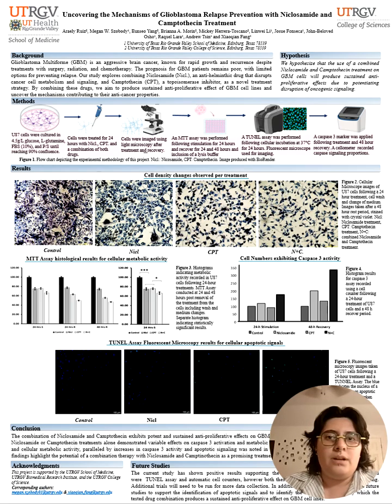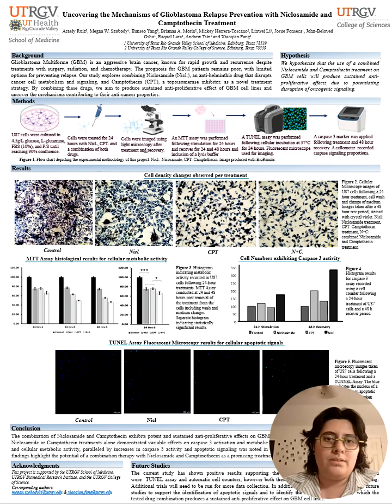So the combination of niclosamide and camptothecin exhibits potential and sustains anti-proliferative effects on GBM cells mediated through enhanced apoptosis. The niclosamide or camptothecin treatments alone demonstrated variable effects on caspase-3 activation and metabolic activity.